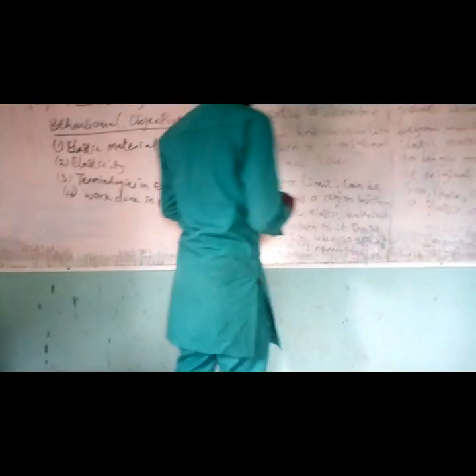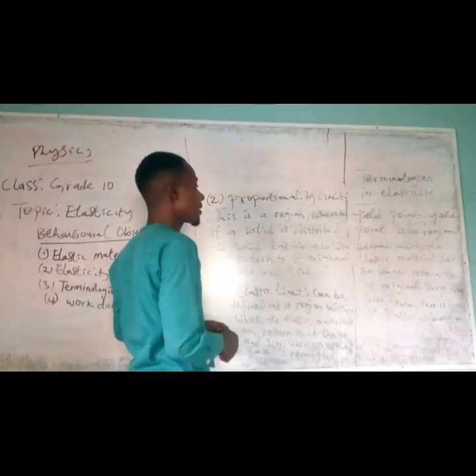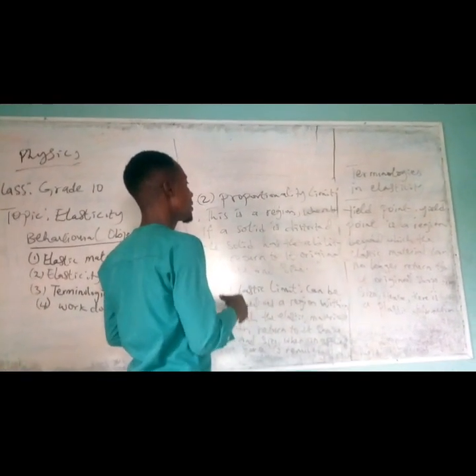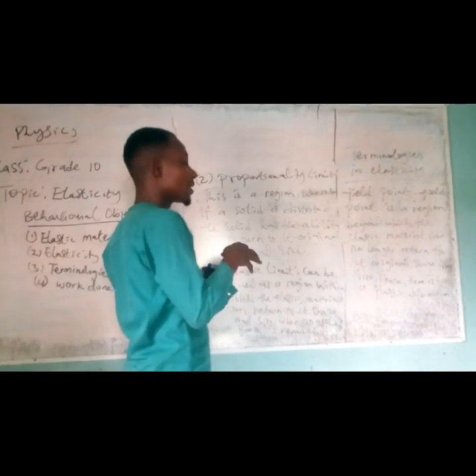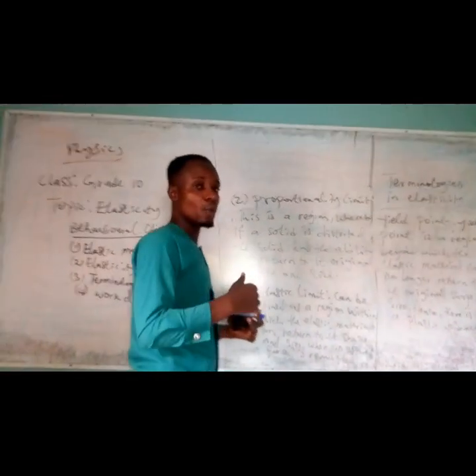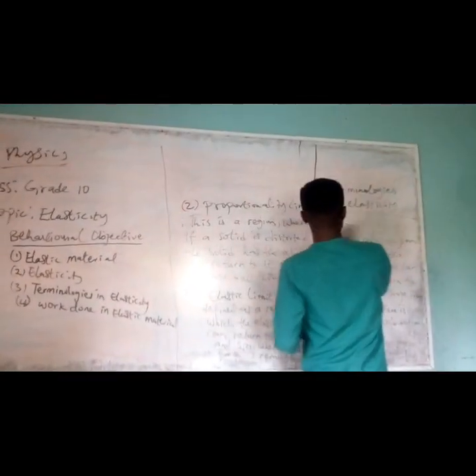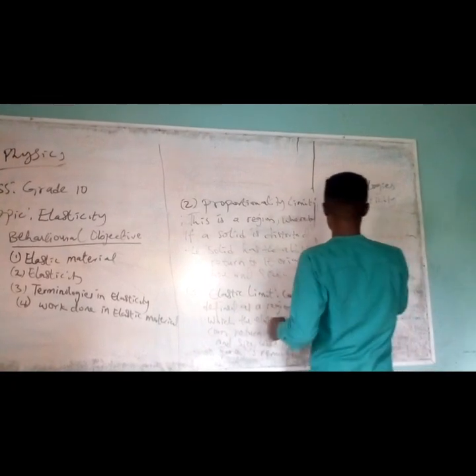So students, if you look at this very well, we have proportionality limits, we have elastic limits. In that region, the solid can still regain its original shape and size when a distortion is removed. Note that I told you that distortion simply means stretching force.